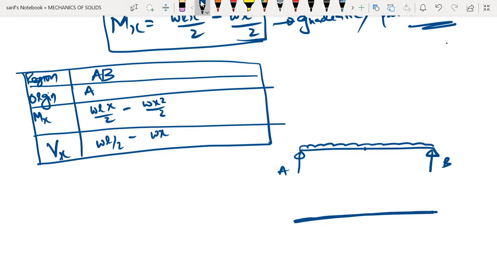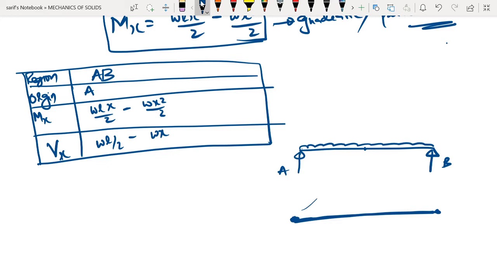Looking into the shear force expression, this is of the form y is equal to mx plus c, which means it is going to be a straight line. It is going to have the same slope throughout the region AB, because this expression is valid throughout the region AB. To draw a line, we require 2 points.